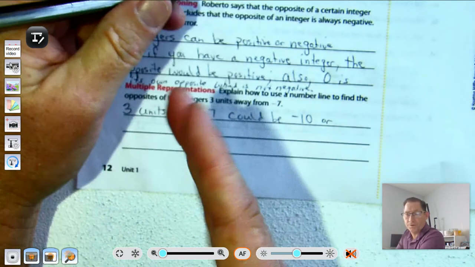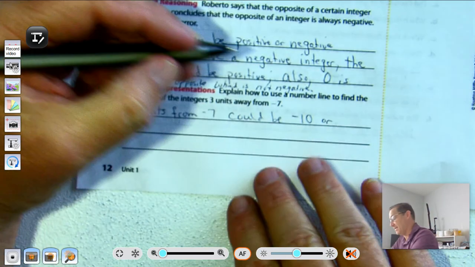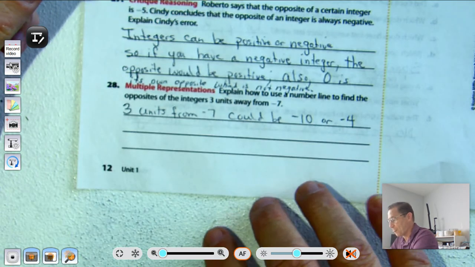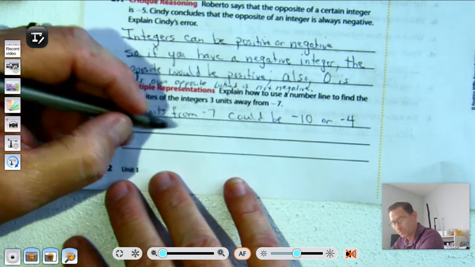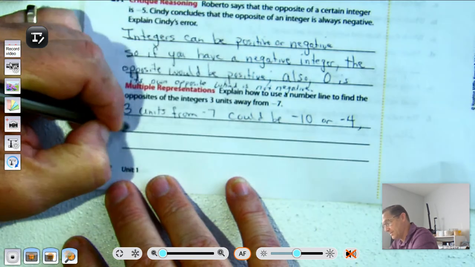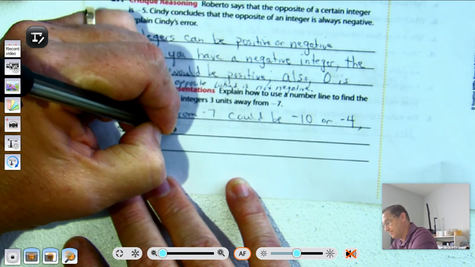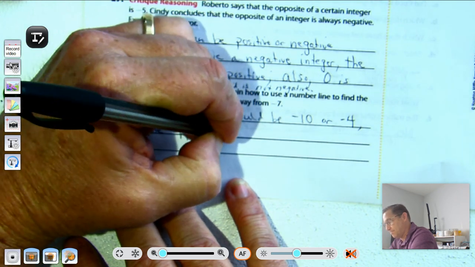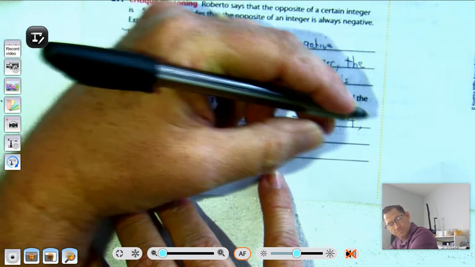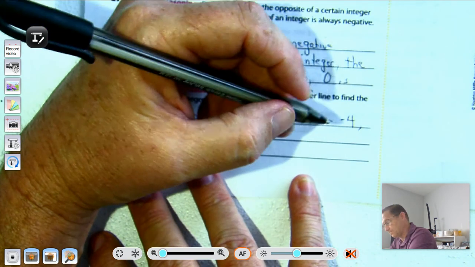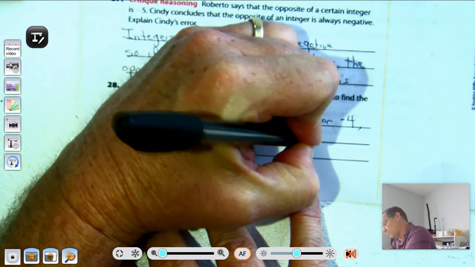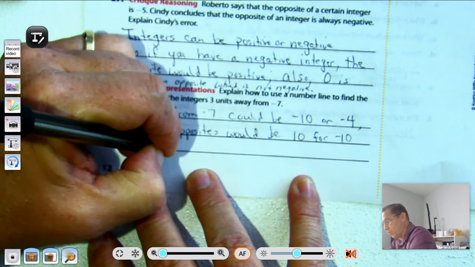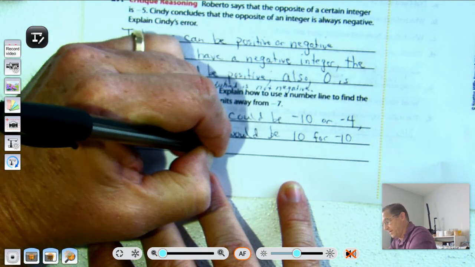Or we can go 3 units to the right of negative 7, and that would be negative 4. So the opposites would be 10 for negative 10 and 4 for negative 4.